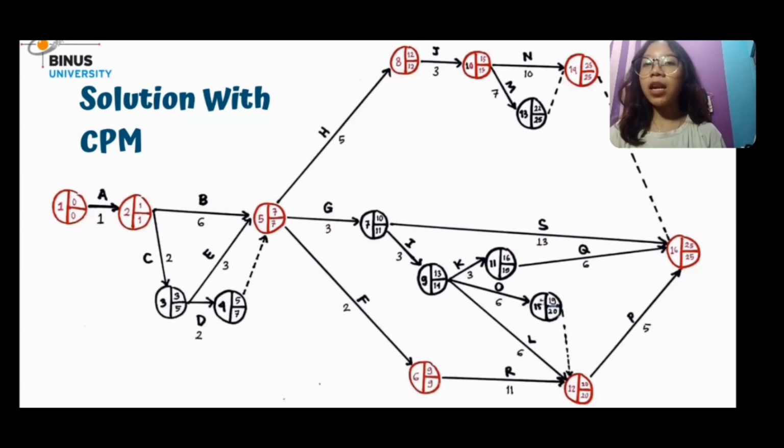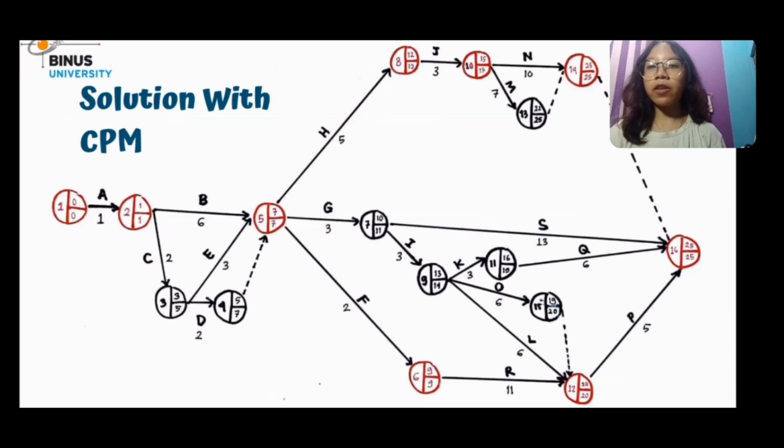18 minus 3 equals 16, then we get 14. Number 7, because of the dummy, then 25 minus 13 equals 12. 14 minus 3 equals 11, then we get 11.